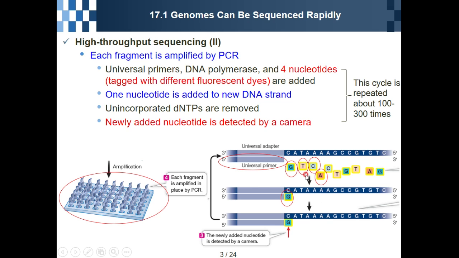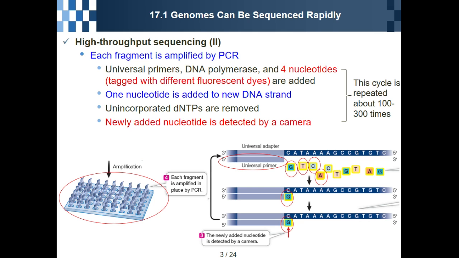After that, unincorporated nucleotides and unincorporated DNA polymerase are removed. Because this guanosine is tagged with a fluorescent dye, the newly added nucleotide is detected by a camera. Usually this cycle is repeated 100 or 300 times. So this is the second step of high throughput sequencing, PCR.